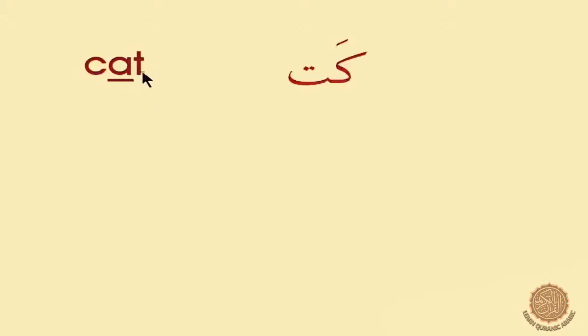The T doesn't have any vowel associated with it, it's just a stop on the T. So in this case, we put a sukoon there. Cat. If we gave it a mark, for example the fatha, it'd be kata, or katu, or kati.